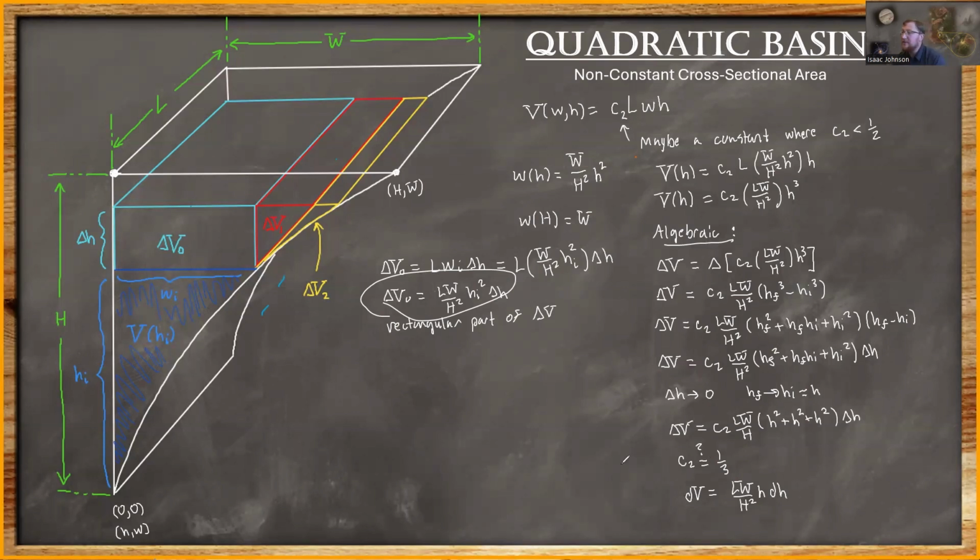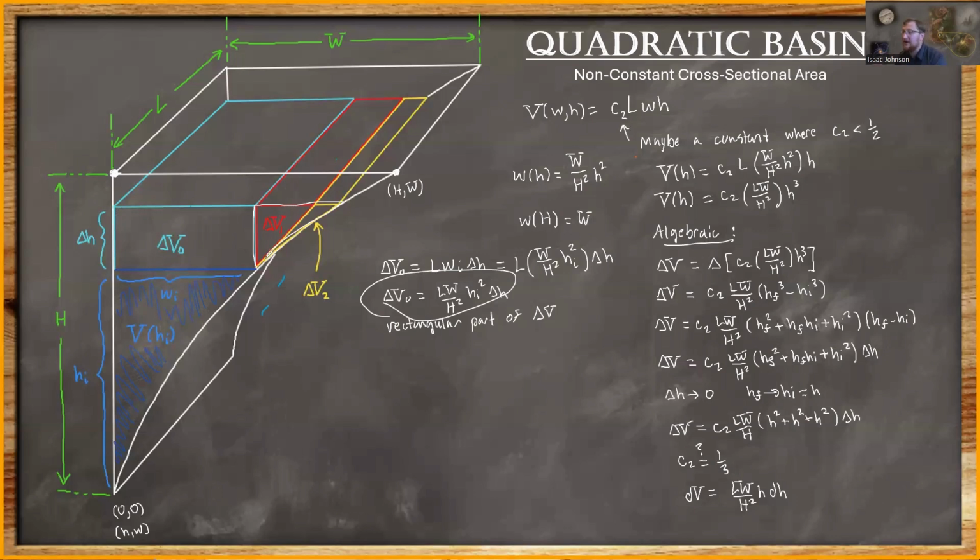But there's a lot of dubious reasoning that I just threw in there, so we have to really sort it out. Firstly, we haven't proved why it should be a constant. Secondly, even though I proved last time that the triangular error was order delta h squared, and it didn't matter compared to the delta h linear of the rectangle, this time we have an extra little quadratic wedge, right?